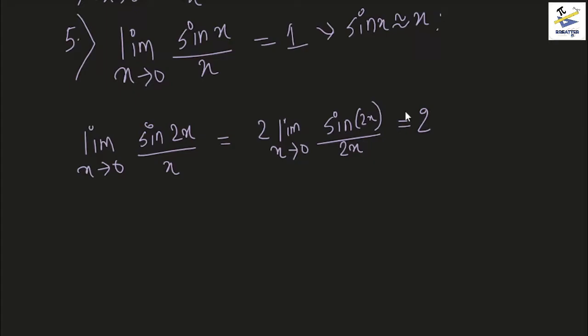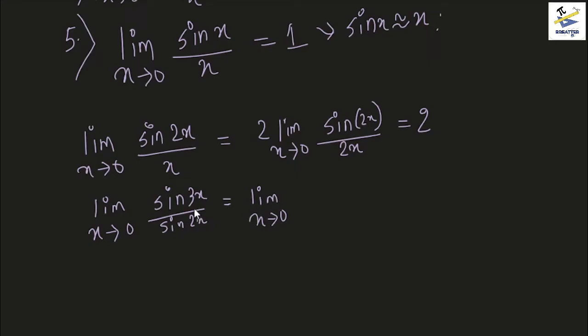Another example would be limit x tends to 0 sine of 3x divided by sine of 2x. Now you have done one of these problems in the last video, but if we do not recall it, we can directly use the concept behind it.